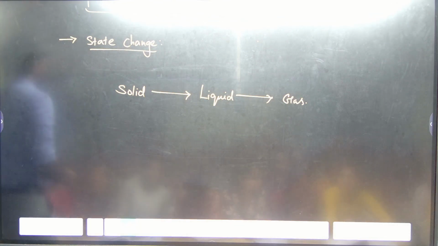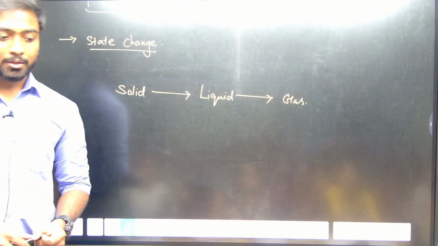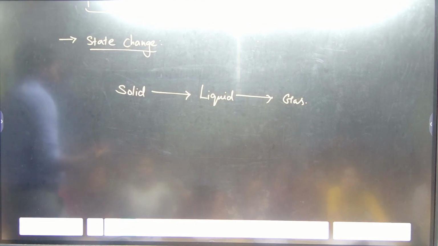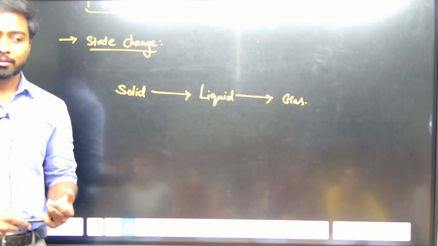One is solid, liquid, gas. So if I want to go from solid to liquid, what is the state? It is a melting point.